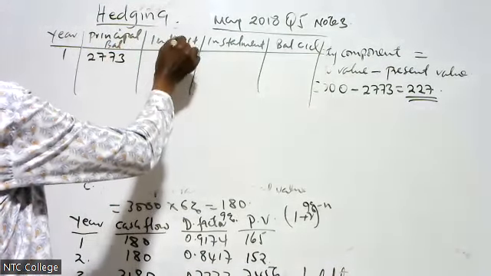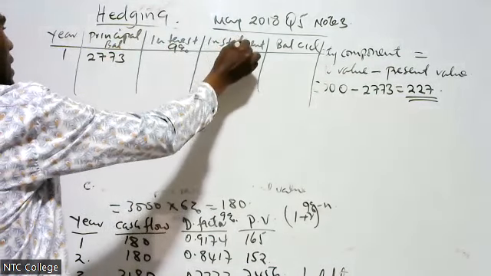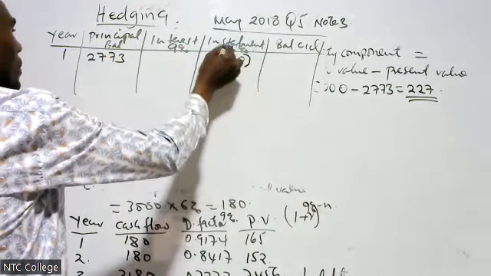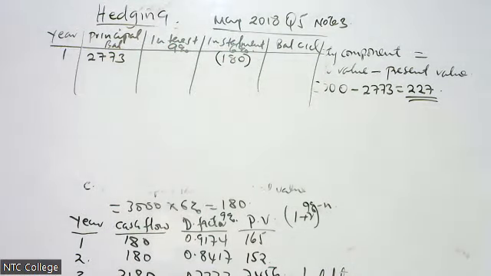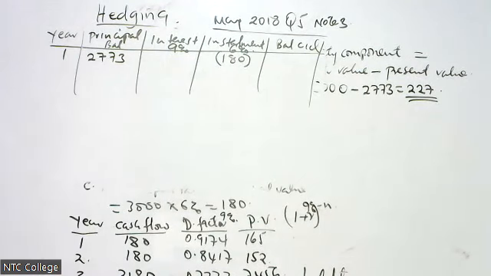My interest here is 9%. Coupon payment is 6%, but on the nominal value, which is 3 million, giving 180. Coupon payment is always based on the nominal, but I explained that yesterday. The installment or the coupon payment, we always base on the nominal value, but the interest, that's the finance cost, we base on the balance brought forward.